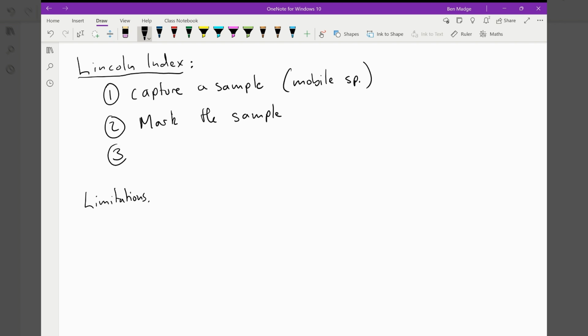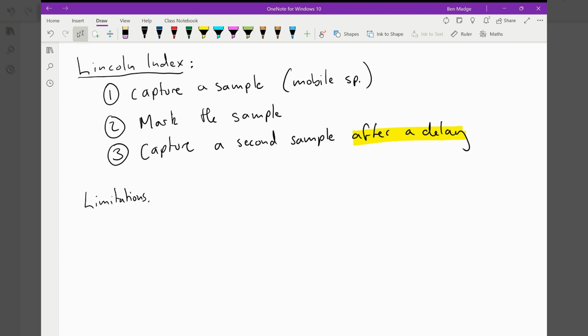We then next capture a second sample after a delay. And this delay is really important because it allows our first sample to move freely within a wider population, hopefully so that it becomes evenly spread.